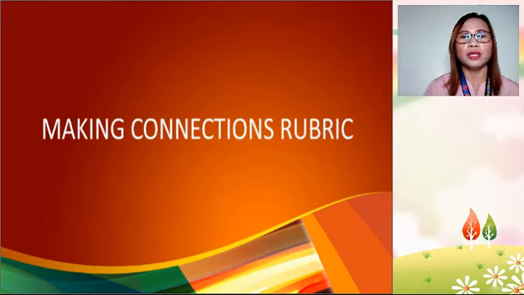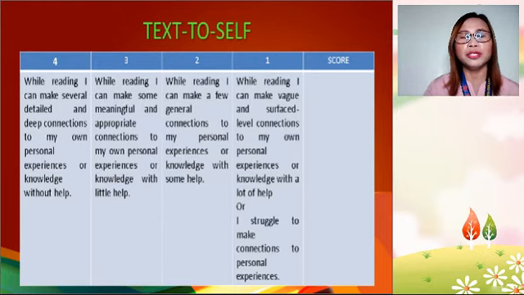So, making connections rubric. For text to self, 4 points if, while reading, I can make several detailed and deep connections to my own personal experiences or knowledge without help. 3 points if, while reading, I can make some meaningful and appropriate connections to my own personal experiences or knowledge with little help. 2 points if, while reading, I can make a few general connections to my personal experiences or knowledge with some help.